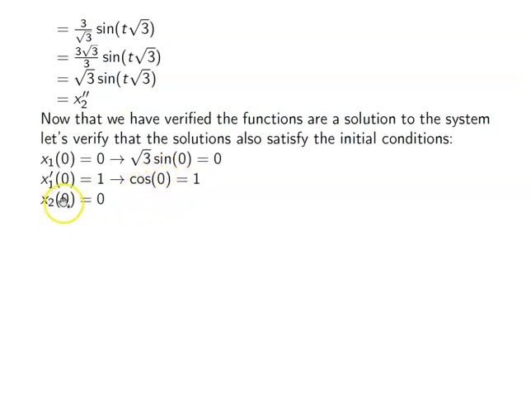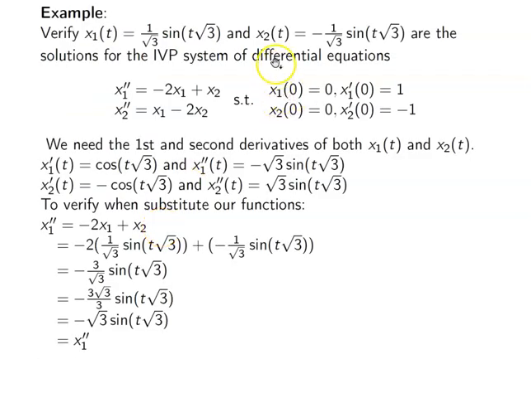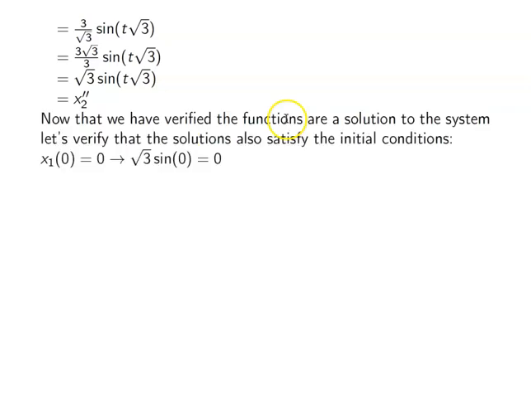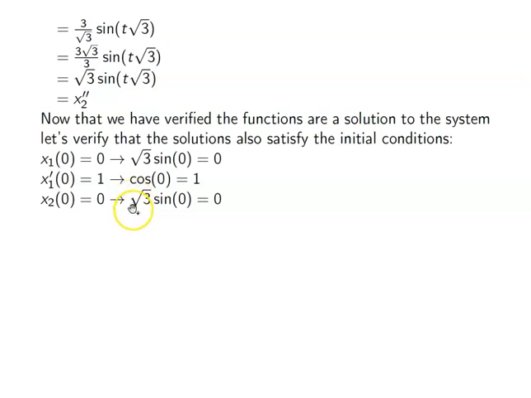When I plug in 0 here, I get out 0. This should be a negative, actually. I will fix that. It's small enough that I don't really care for the lecture, but I'll fix that for the course readers, so if you download the reader, it'll have the right value in it.